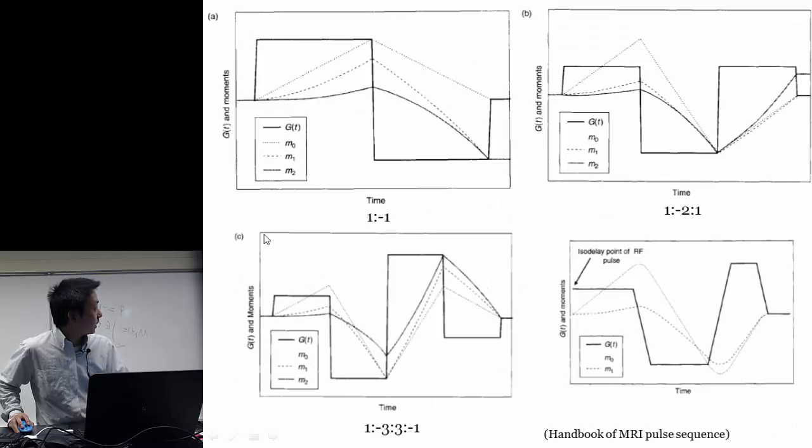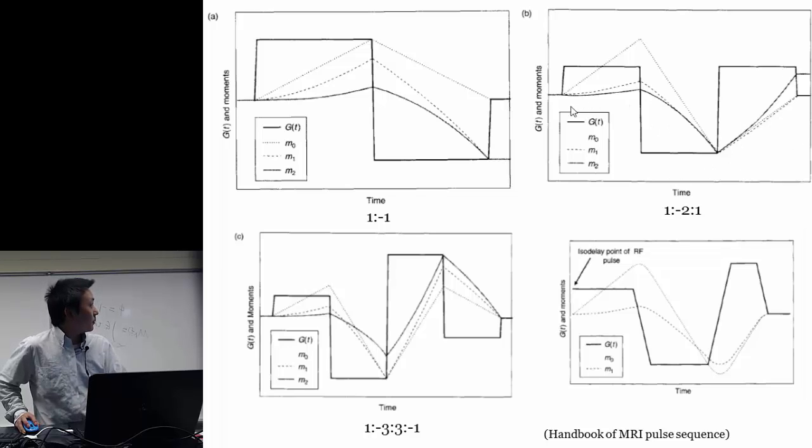Let's consider the flow compensation along the readout. This will include both the prephasing, and let's consider this as the first half of the readout gradient. So the total readout gradient will extend out of this window here a little bit.